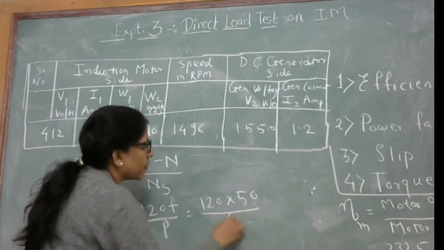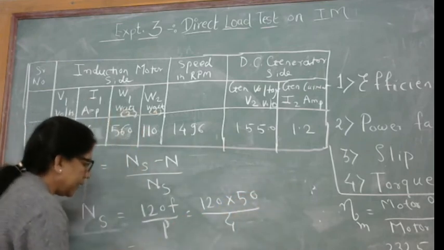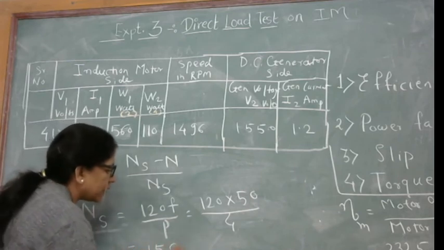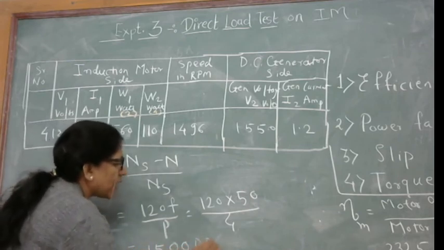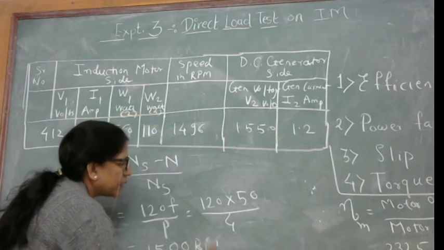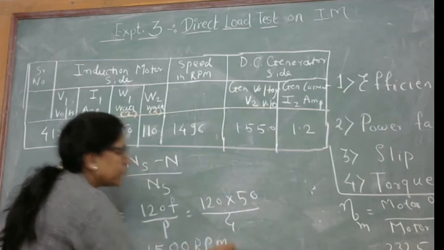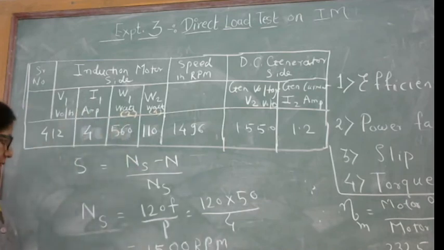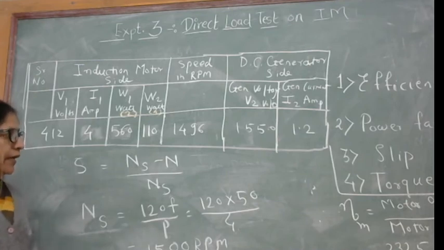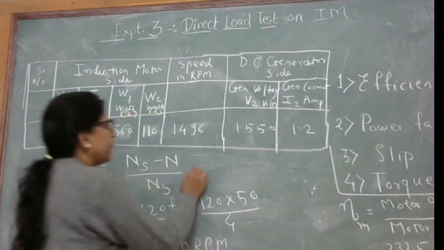This is a 4-pole machine. So this Ns happens to be 1500 rpm.